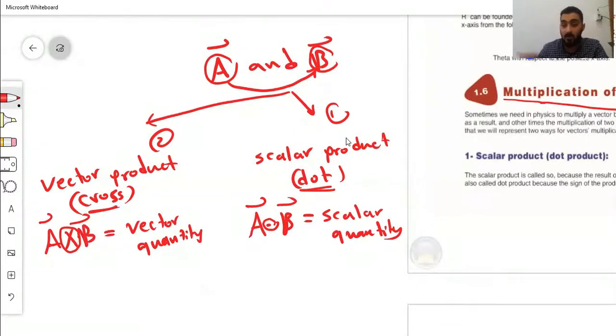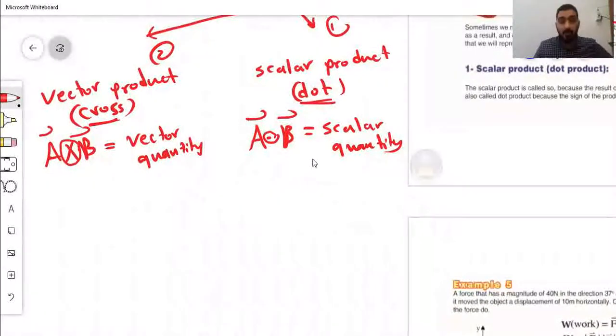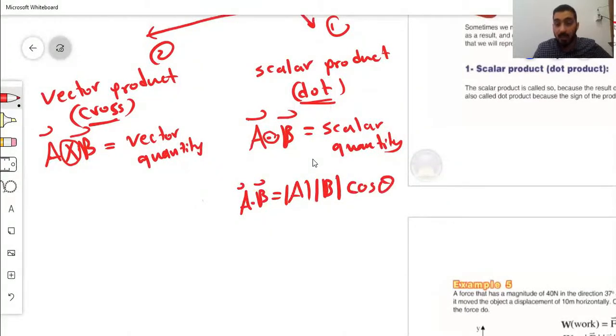The law of these two products: in scalar product, A dot B equals the magnitudes of A and B times cosine theta, and in vector product or cross product, A cross B equals the magnitudes of A and B times sine theta.